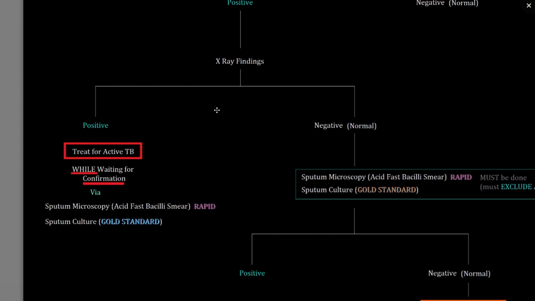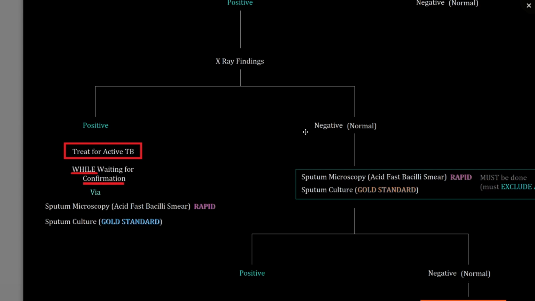We all know the chest x-ray findings. I'm not going to go over these, but in case the chest x-ray findings are present, they are pathognomonic, let's say, then this is a case of active TB.